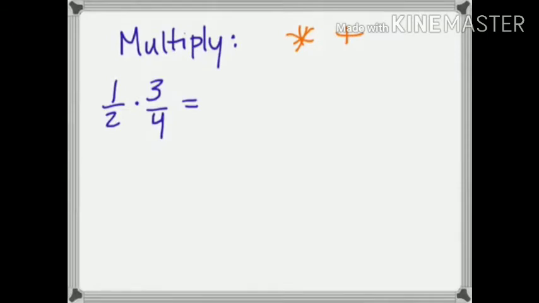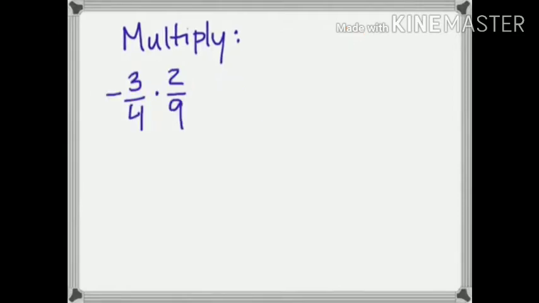For fractions, the definition of multiplication is to multiply the numerators together and also to multiply the denominators together. So to multiply these two fractions, I would do 1 times 3, which is 3, and 2 times 4, which is 8. And that's it. This fraction is in lowest terms. There is no number which can be divided into 3 and 8, so I know that this is a fully simplified fraction.